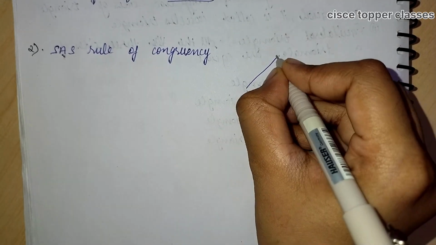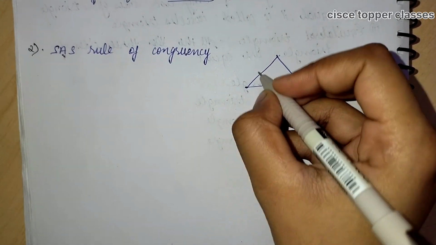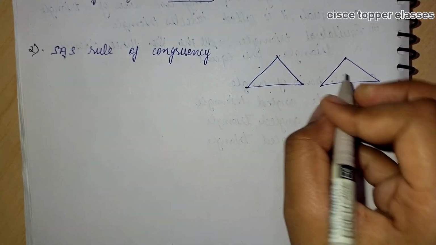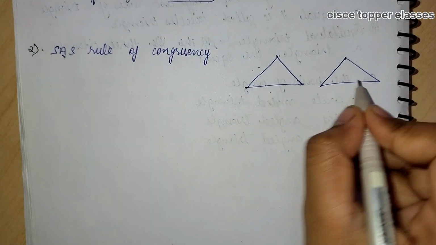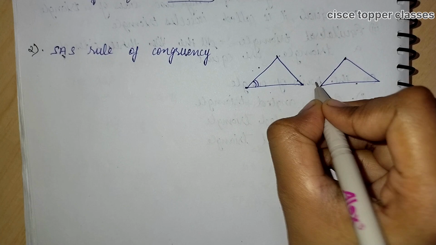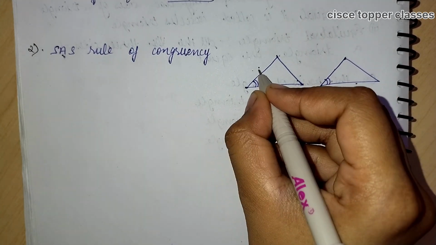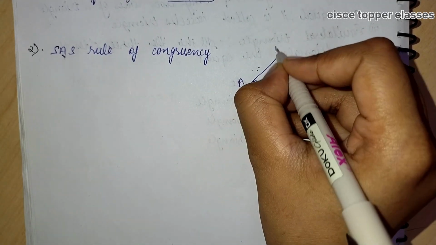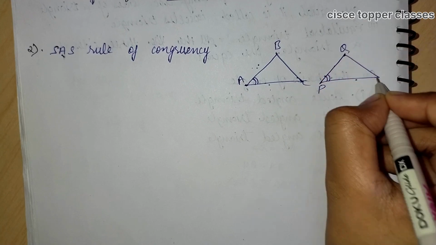Like if this is the triangle, let this be one side and this be the other side, and let there be a second triangle where this side is equal to this side and this side is equal to this side. This should be the angle between those two equal sides. Let it be ABC and here PQR.